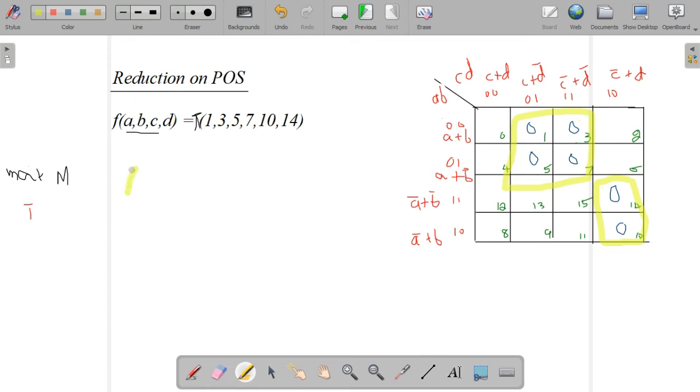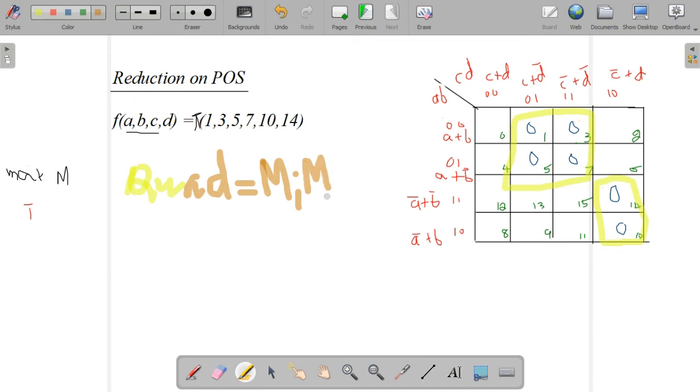So what are the values we got? First one is the quad. Write what the maxterms are, with a capital M: M1 dot M3 dot M5 dot M7.